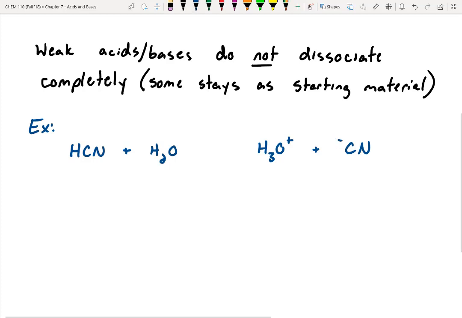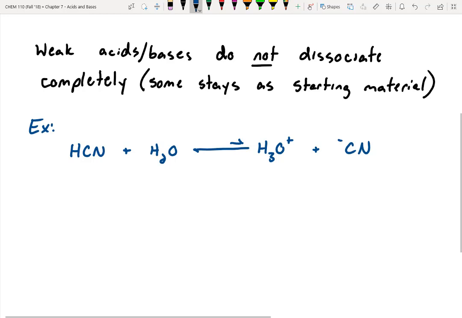So in this reaction, we typically don't show it with a one-way reaction arrow because we know a lot of this remains as unreacted starting material. So what chemists like to do is they show this with equilibrium arrows. And I really like to show it this way. It's almost like a two-way street where it says a little bit of it's actually getting pushed to the right-hand side, but most of it's staying on that left-hand side.